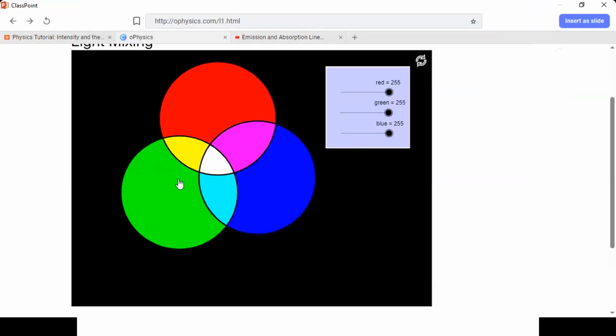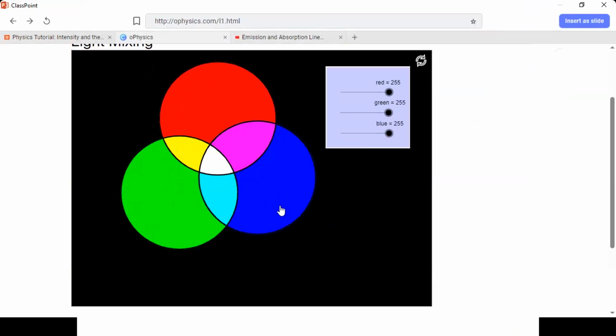The magenta is the opposite color of the green. And yellow is the opposite color of the blue. So you should memorize these: red and green, yellow; red and blue, magenta; and green and blue is cyan.